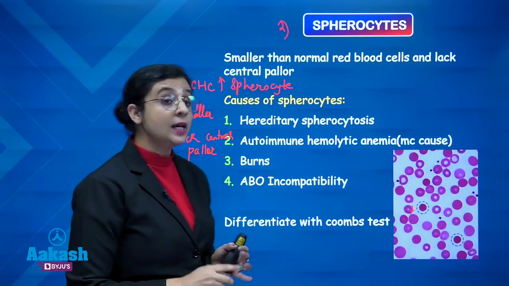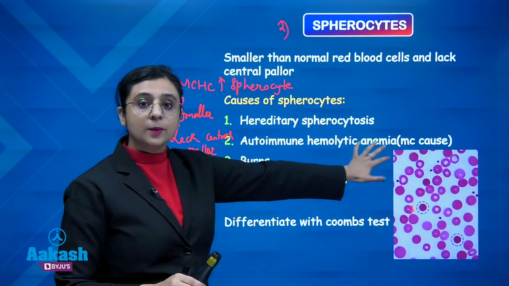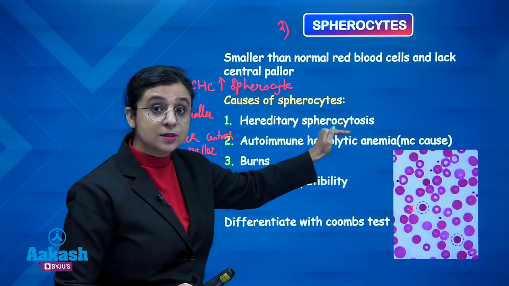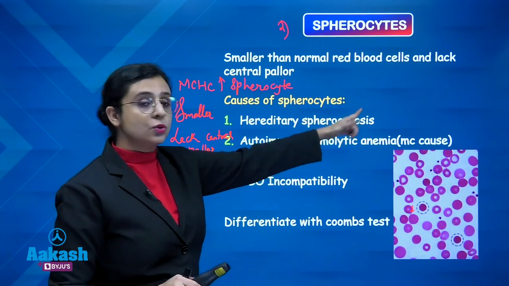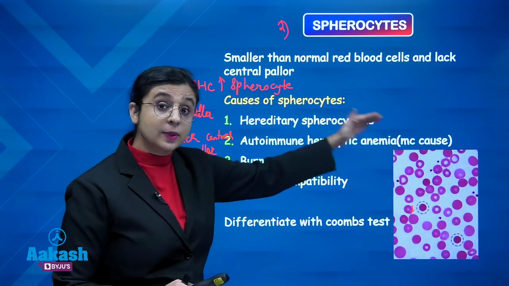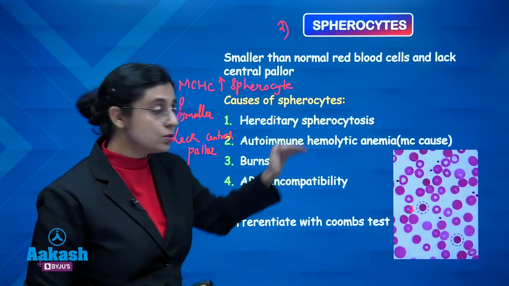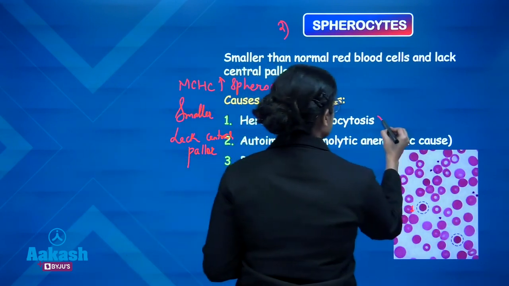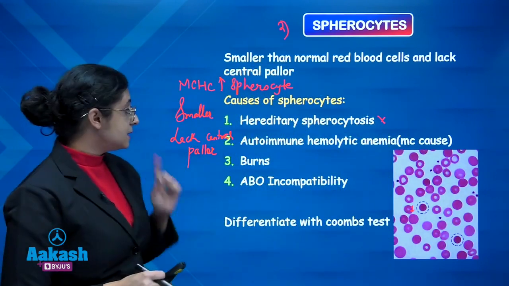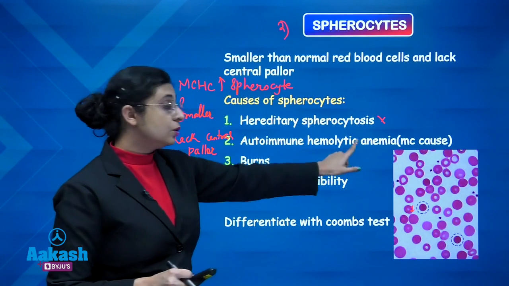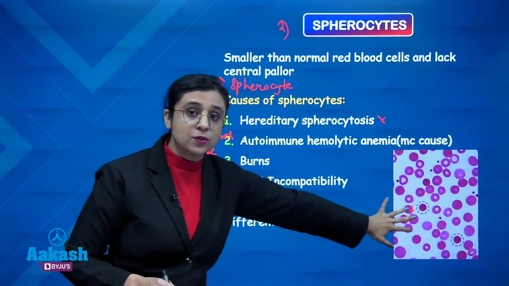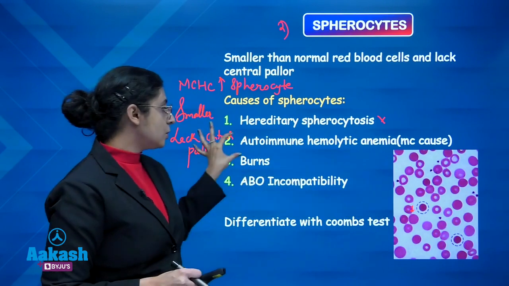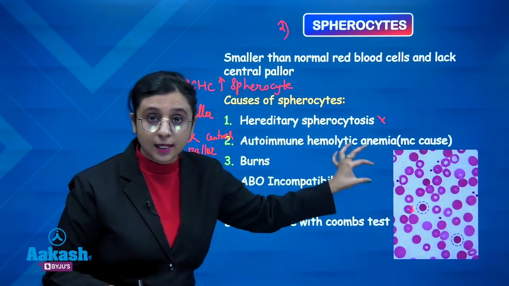Your answer will be autoimmune hemolytic anemia, not hereditary spherocytosis. Usually students get confused. As the name suggests, the most common cause of spherocytes may be hereditary spherocytosis, but no, students, the most common cause is autoimmune hemolytic anemia. In hereditary spherocytosis also spherocytes are found, but the most common cause is autoimmune hemolytic anemia.